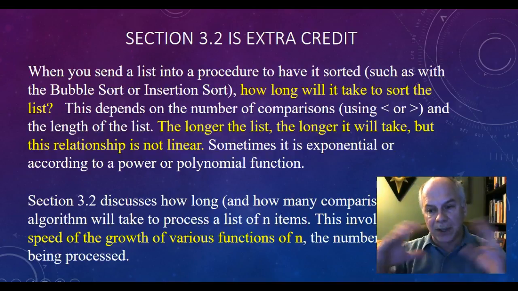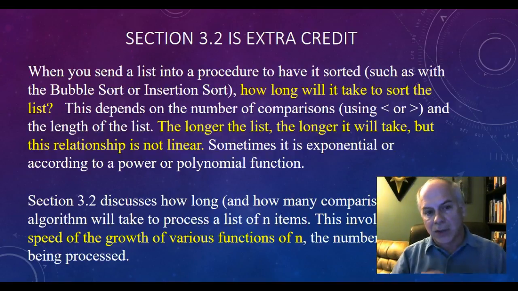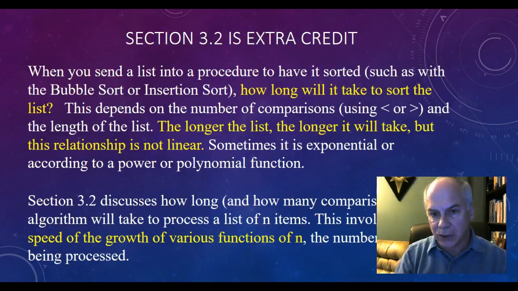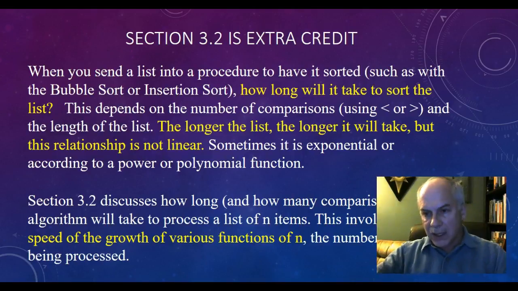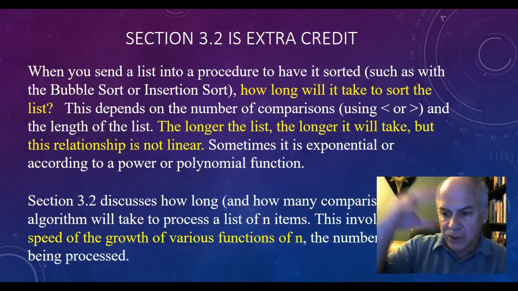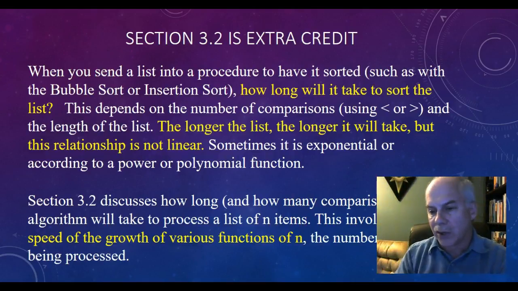And so let me give you the gist of what that is. So when you send a list into a procedure to have it sorted, let's say a list of numbers, and let's say you put it into the bubble sort or the insertion sort or some other algorithm, how long will it take to sort the list?